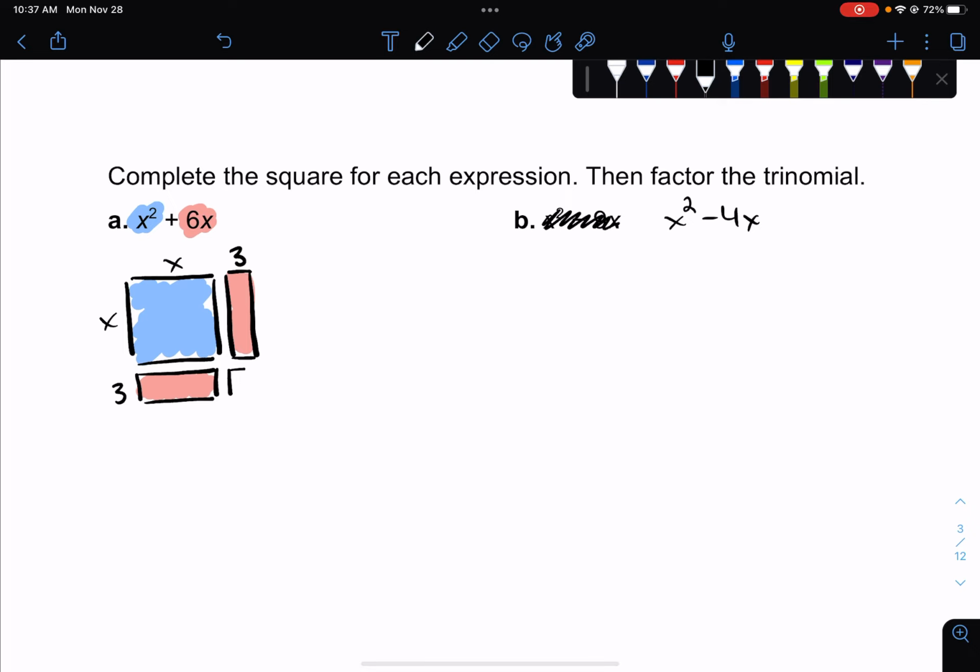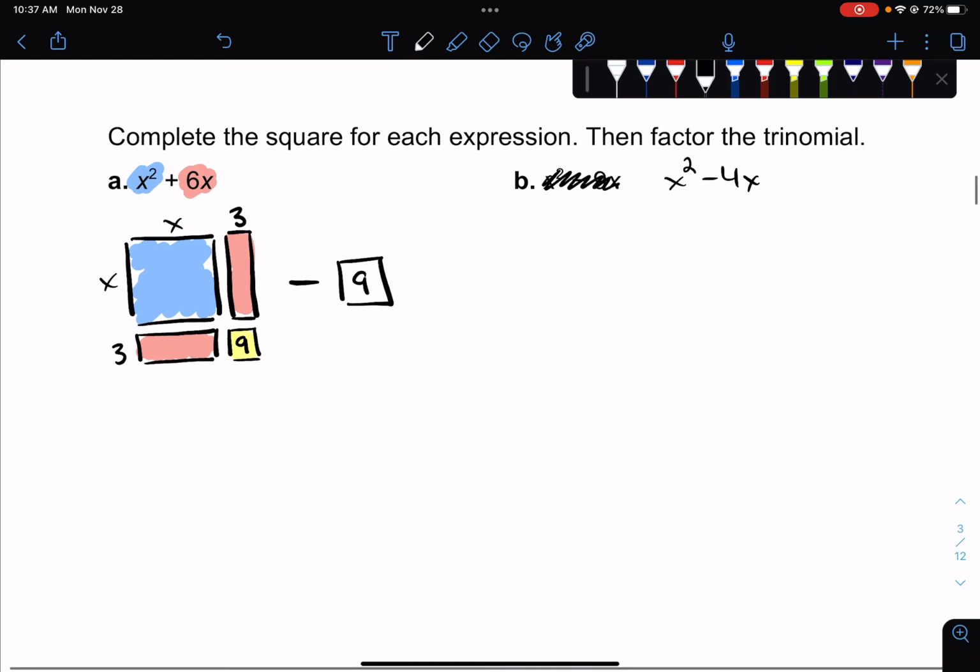So I need to add something that wasn't there before. And that little piece that I'm going to add, if I look at how big it needs to be, 3 wide, 3 tall, which means this little piece is going to have the size of 9. And if I'm going to add that little piece, I also have to minus that little piece later.